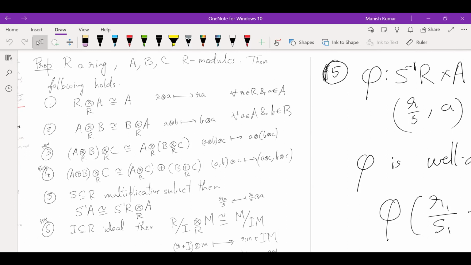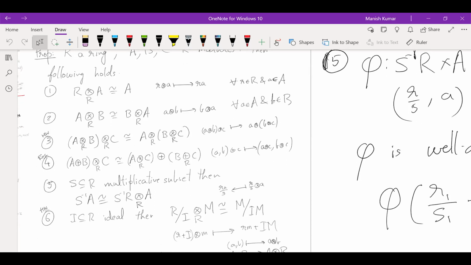And this fourth property is the important property, which one can use to show abstractly that V tensor W is a free module of dimension m times n.